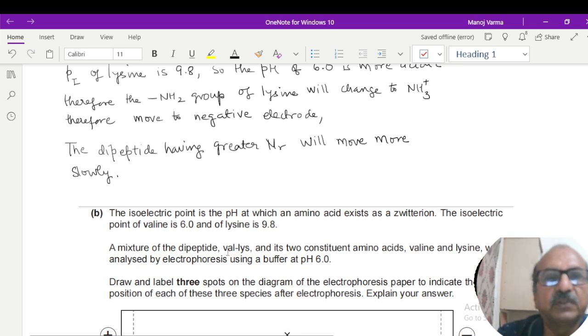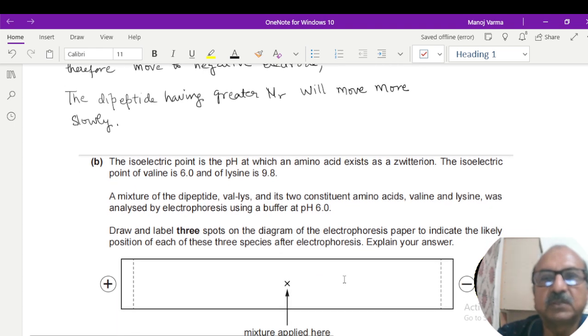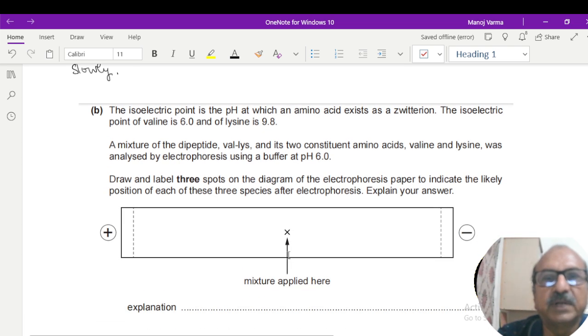A mixture of the dipeptide Val-Lys and its two constituent amino acids, valine and lysine, was analyzed by electrophoresis using a buffer at pH 6. Draw and label 3 spots on the diagram of the electrophoresis paper to indicate the likely position of each of these 3 species after electrophoresis. Explain your answer.